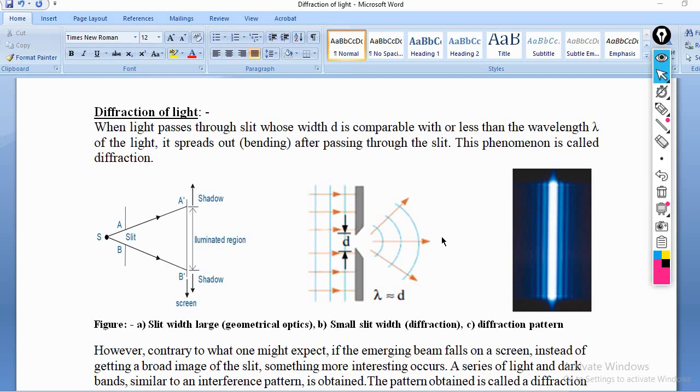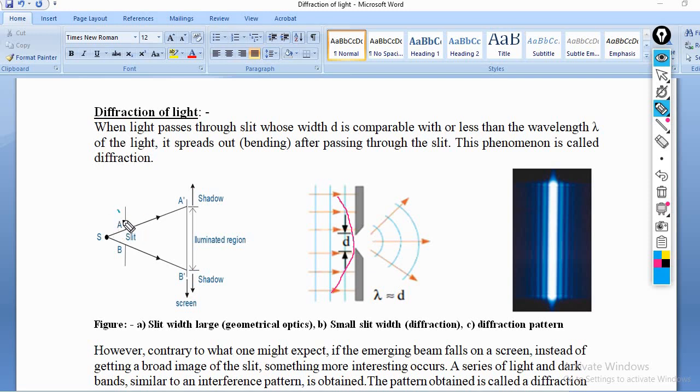So why does diffraction occur? To explain it in a very simple way, consider light waves coming in, the primary waves, falling around this slit. Now the number of secondary light sources, the electric fields available there, is lesser in comparison to the geometrical optics case.